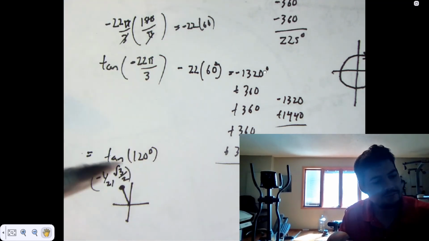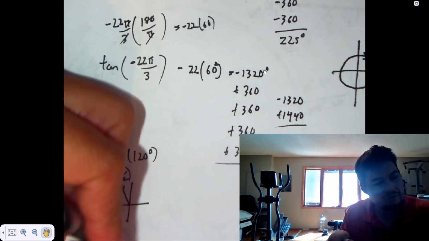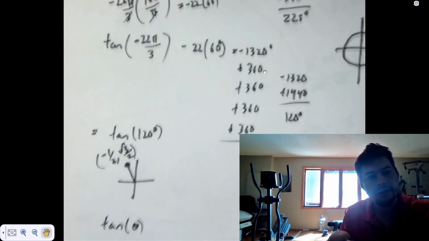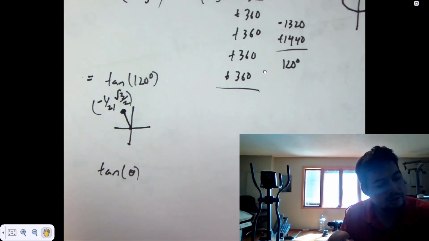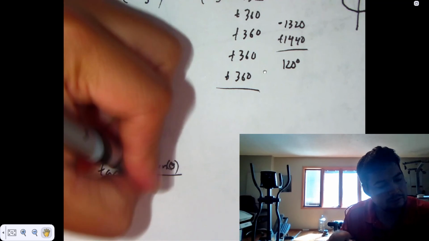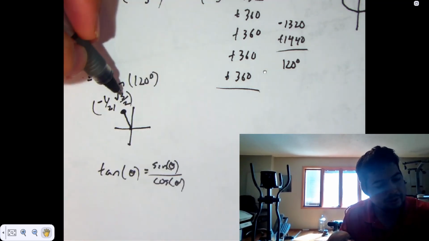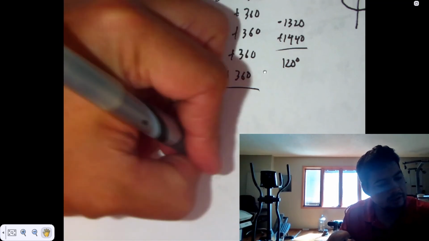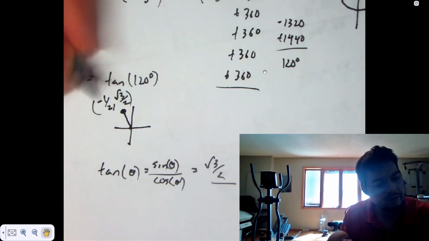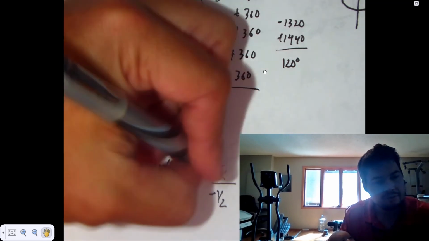To find the tangent of any angle on the unit circle, and any angle in general, it is the sine of that angle over the cosine of that angle. So we're going to take the y value, root of 3 over 2, and we're going to divide it by negative 1/2. We're going to do math without a calculator. 2's cancel. Positive over negative is negative. And there's your answer, negative root of 3.